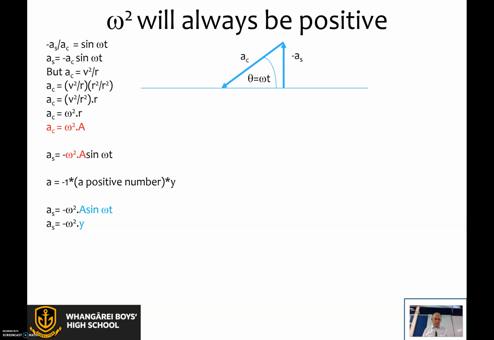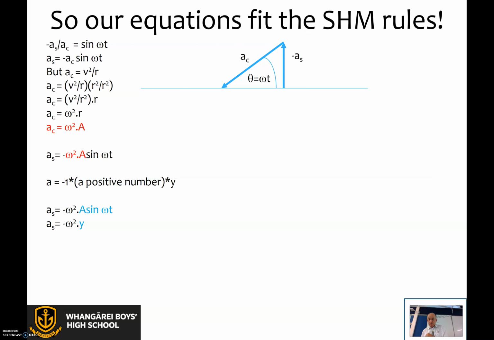Put a negative in front of it, and we get acceleration is equal to negative 1 times a positive number times the displacement. So our equations fit the simple harmonic motion rules. They're not the only ones, there are other equations, but these are the ones that we tend to use in SHM in NCEA 3.